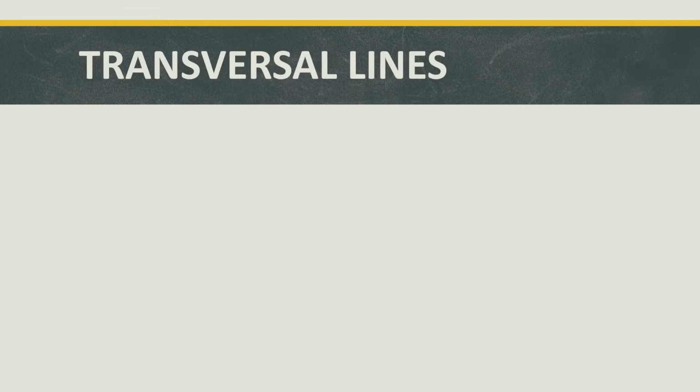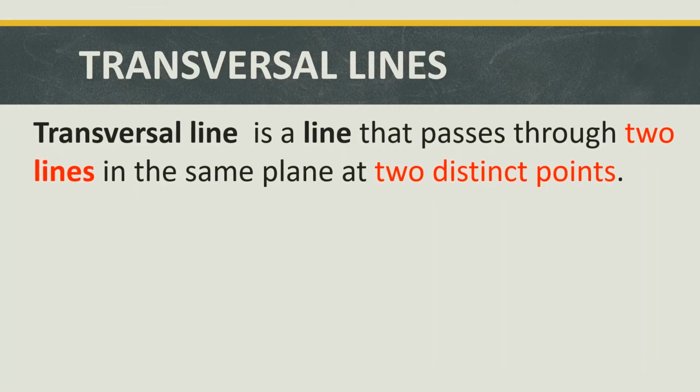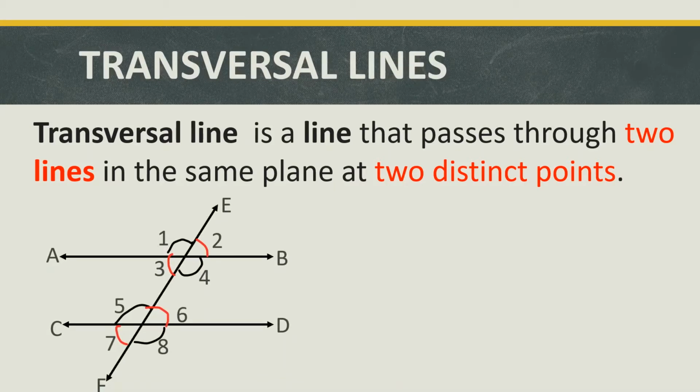Now let's learn about transversal lines. A transversal line is a line that passes through two lines in the same plane at two distinct points. Example, in this figure, line EF is a transversal line because this line passes through two lines, line AB and line CD.